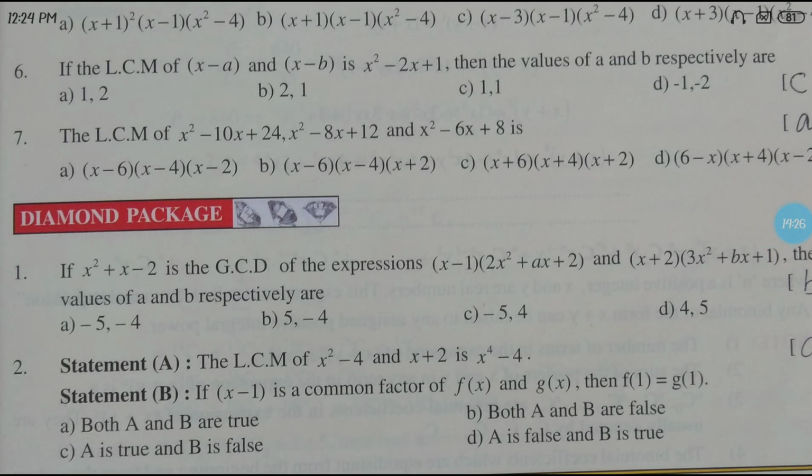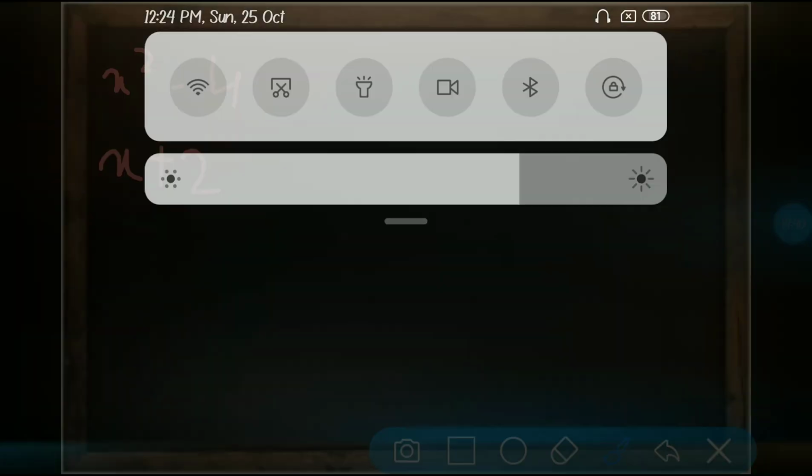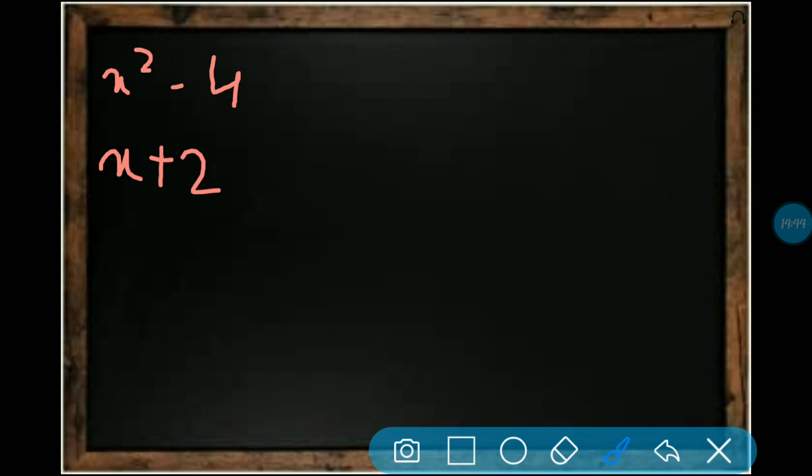So here's the statement. Statement A: the LCM of x square minus 4 and x plus 2 is x power 4 minus 4. That answer is actually wrong, but how, we will see now. It is given x square minus 4.